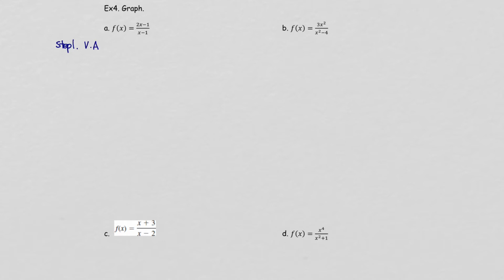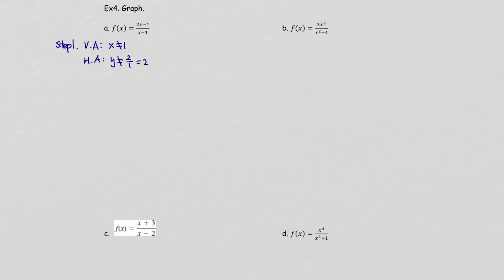So find the vertical asymptote, looks like x cannot equal 1. Horizontal asymptote, because it has the same exponents, this is linear, this is linear, so the same power. So it will be 2 over 1, then. So y cannot equal 2 over 1, which is 2, right?